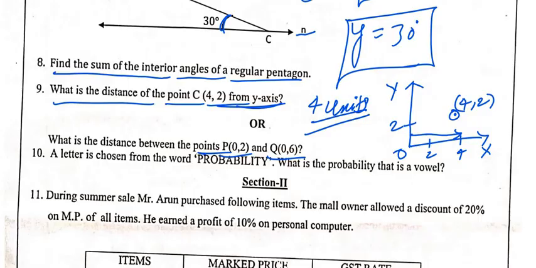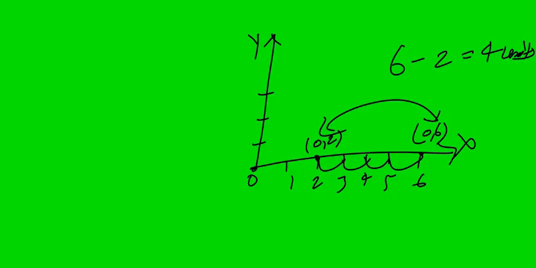Moving to the next question, this is probability. The question asks: what is the probability that a letter is a vowel? When you use probability, first find the total possible outcomes.